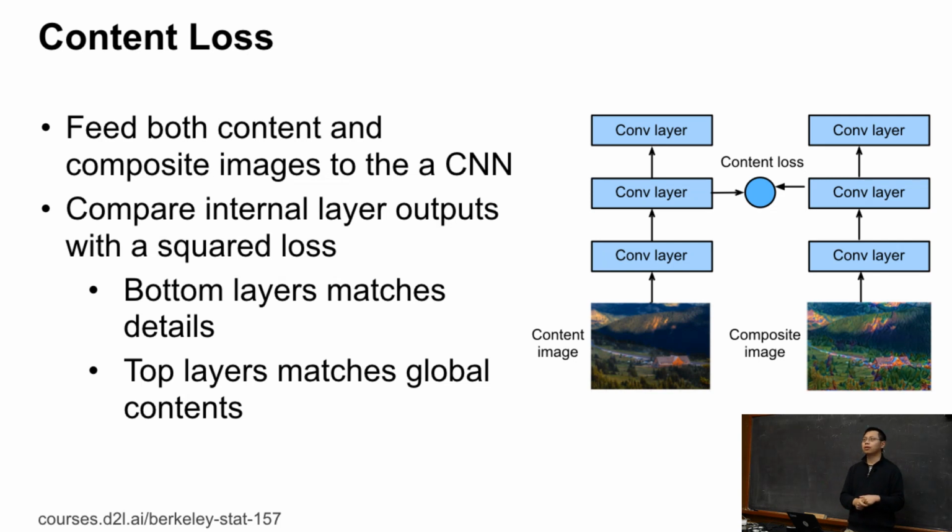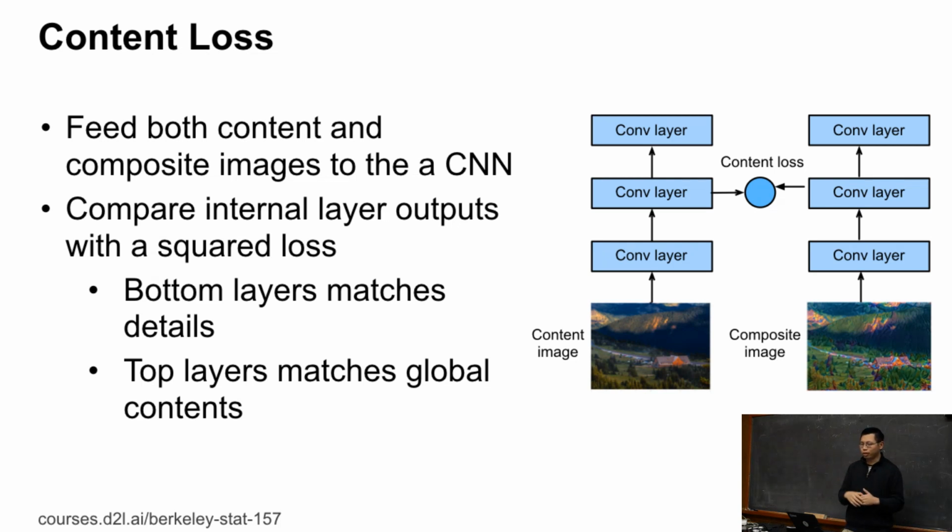We don't want that; we want to learn some higher order information. So we pick the output of the middle convolution layer and add an L2 loss between the outputs of these two. I want to learn an image that gives almost the same second convolution layer output as the content image.